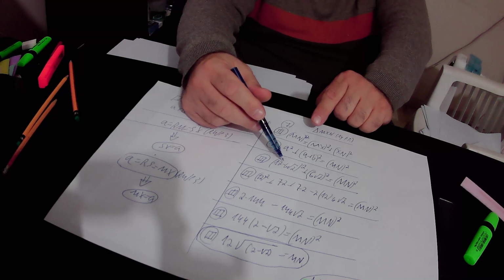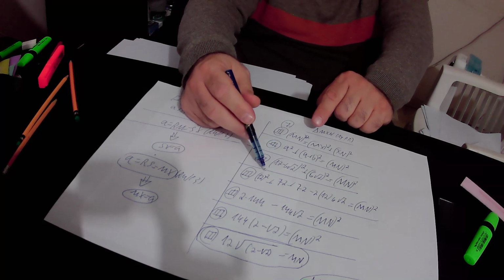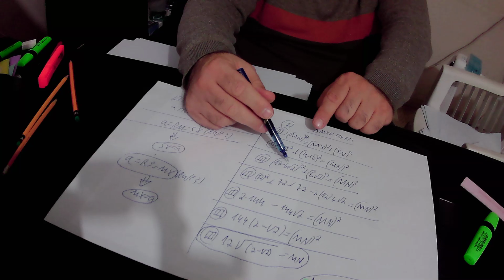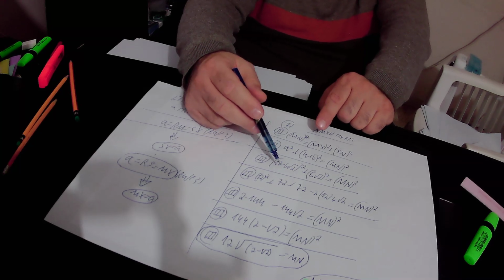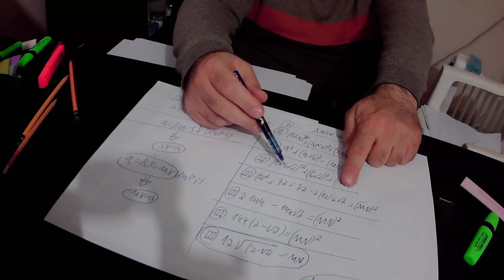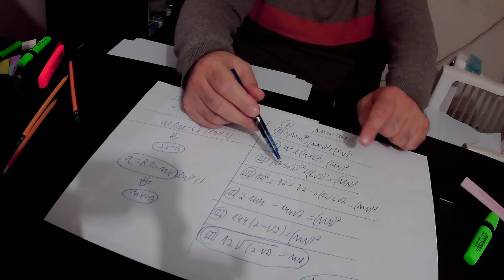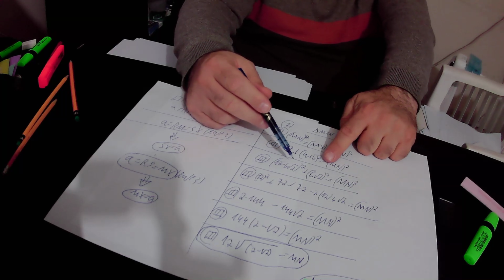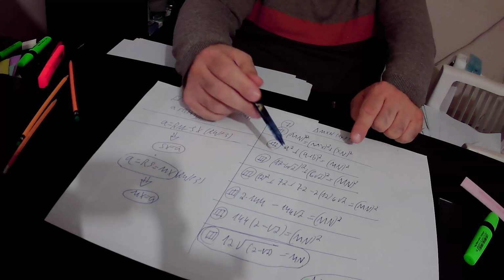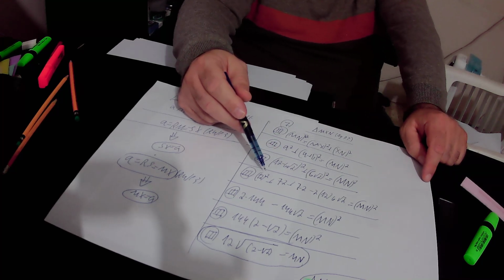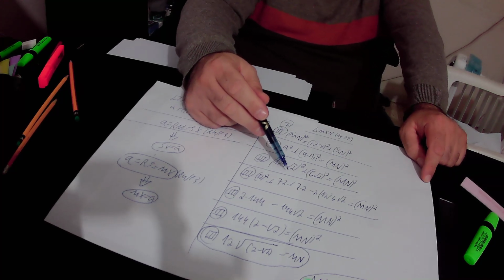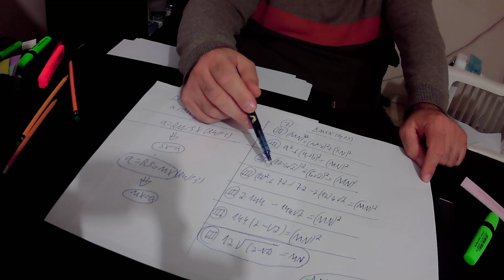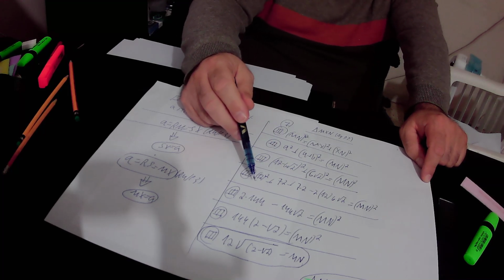It equals 12 square, and (6 times square root of 2) square is 72, minus 2 times 12 times 6 times square root of 2, plus (6 times square root of 2) square is 72. Here 12 square is 144, and 72 plus 72 is also 144.